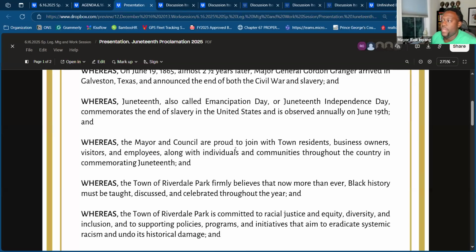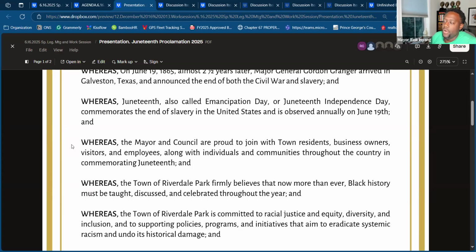And whereas the mayor and council are proud to join with town residents, business owners, visitors, and employees, along with individuals and communities throughout the country in commemorating Juneteenth. And whereas the town of Riverdale Park firmly believes that now more than ever, Black history must be taught, discussed, and celebrated throughout the year.